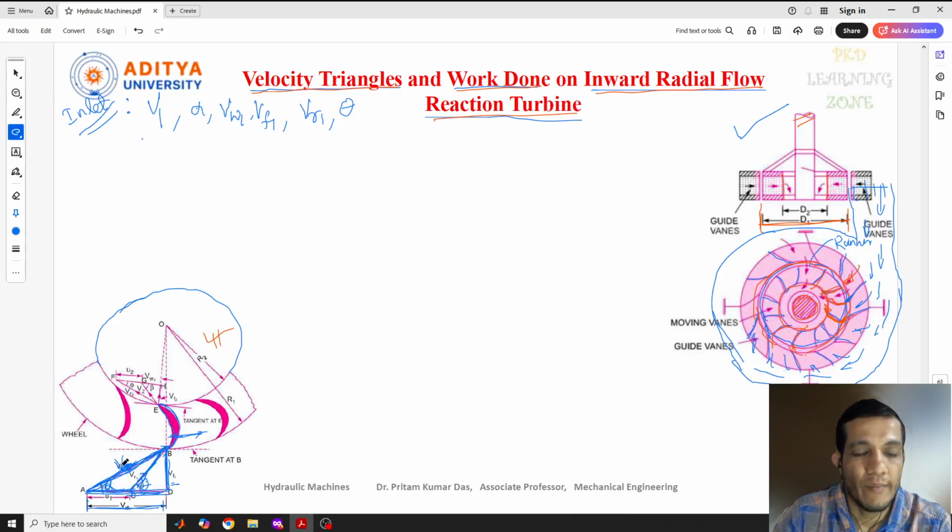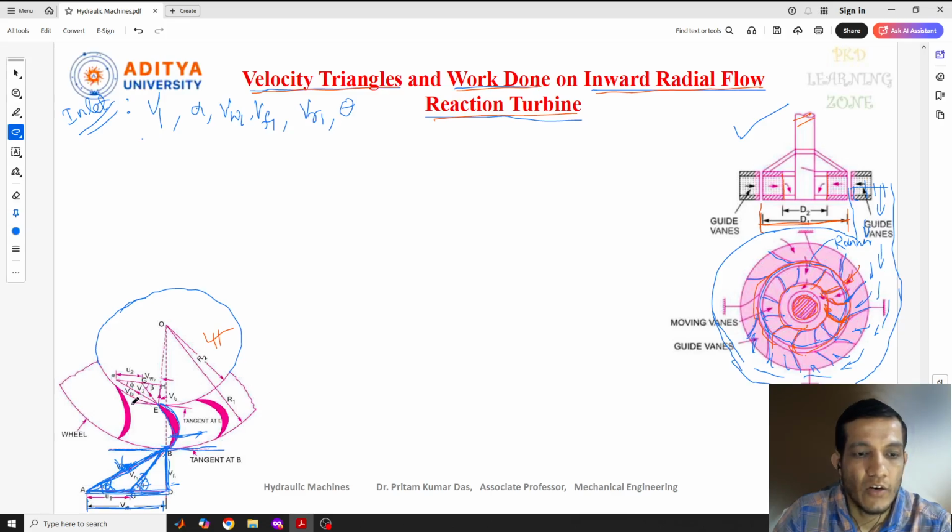So this diagram is the inlet velocity triangle for the blade when it is mounted on a wheel. Similarly, if you see the outlet triangle, this is the tangent at this point.